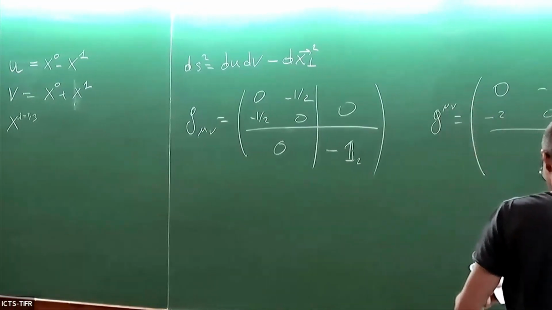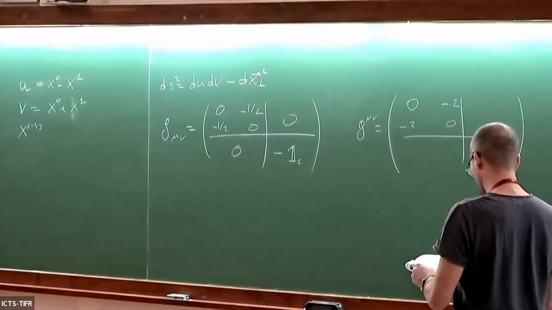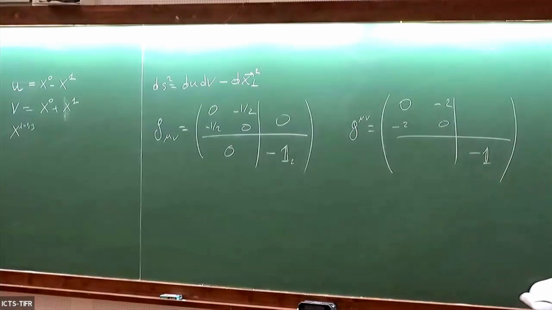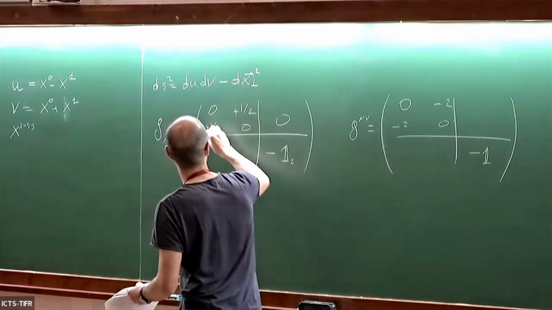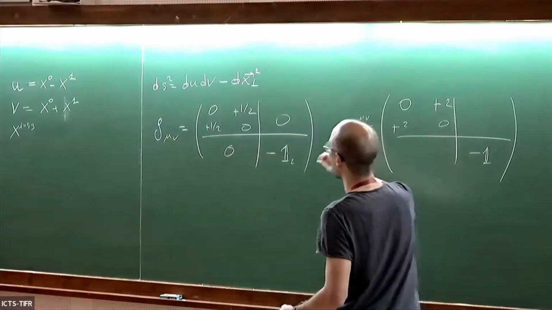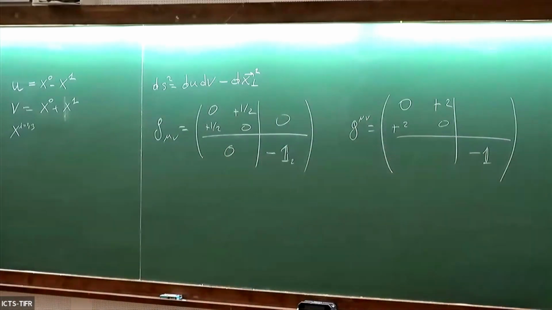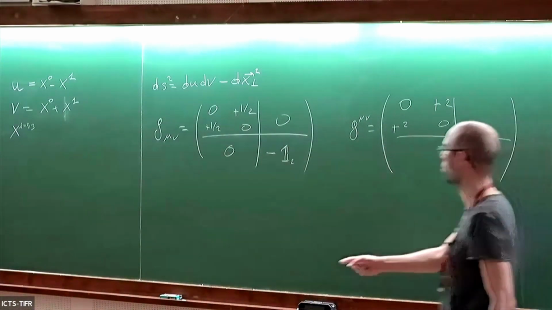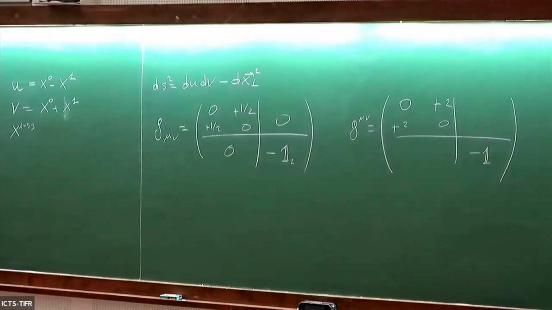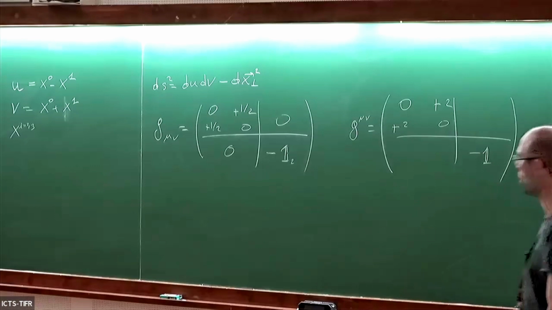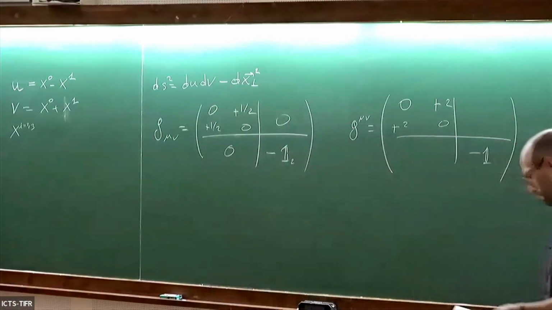I have a typo here, because I'm working with the mostly minus convention. In particular, the determinant here, you see, is negative. Remember, this is 2 by 2, so the determinant of this part is positive, and the total determinant is negative, which is good.